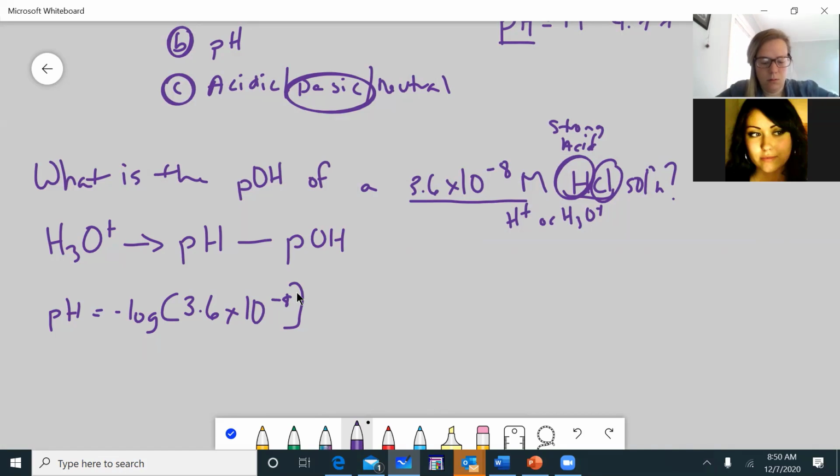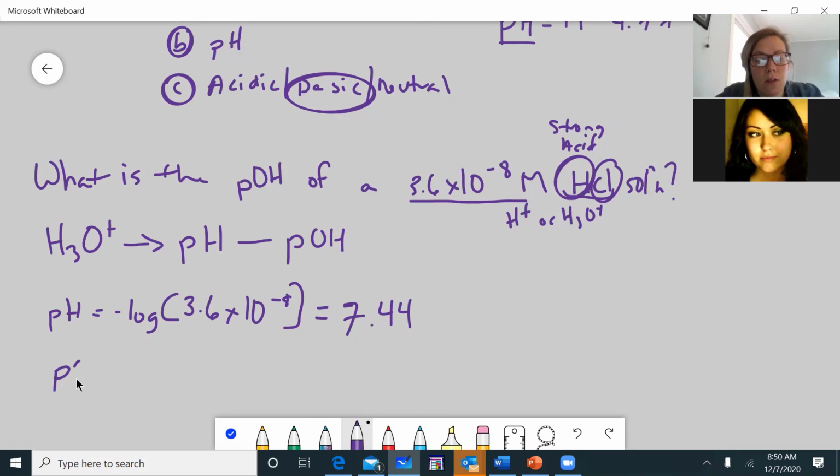So for this one, let's see what our pH is. All right, so I got a pH of negative, no, not negative, 7.44. I want to figure out pOH.